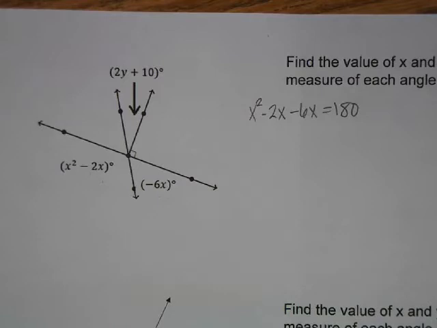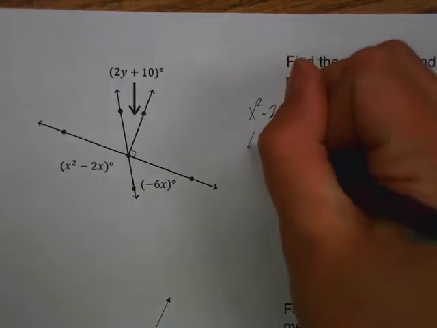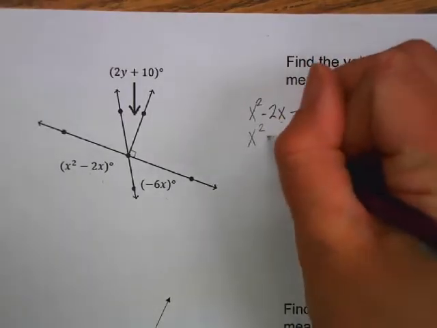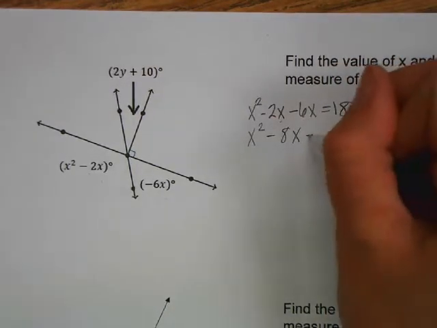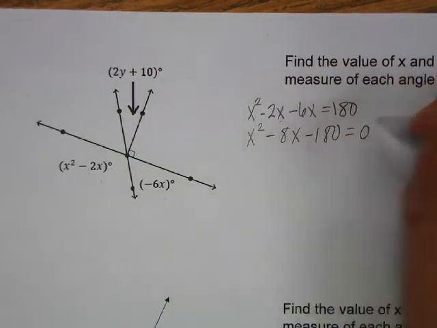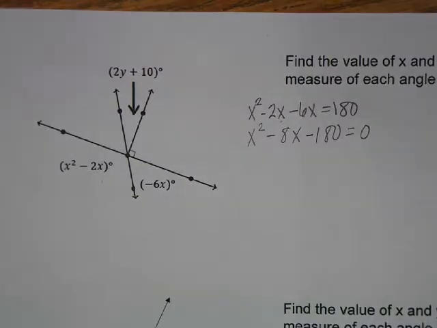And then you could go ahead and solve this equation for x. Please understand that this is a quadratic equation, so you are going to have to put it into standard form first. So combine your like terms, that'll give you negative 8x. Subtract 180 from both sides, so you'll have x squared minus 8x minus 180 equals 0.